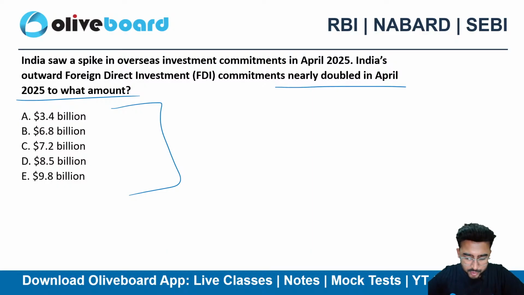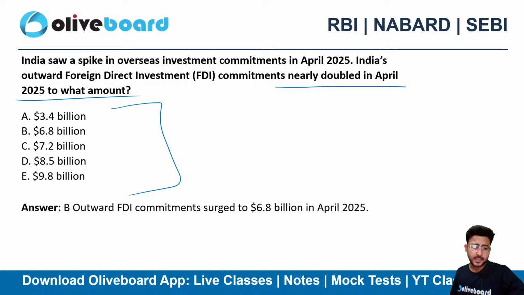Here we are talking about the outward FDI commitments in April 2025. The correct choice here is option B, $6.8 billion.